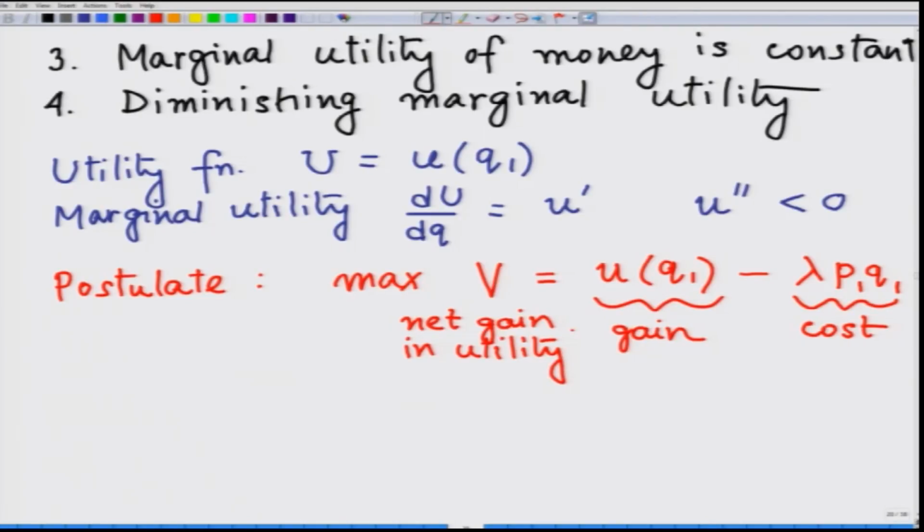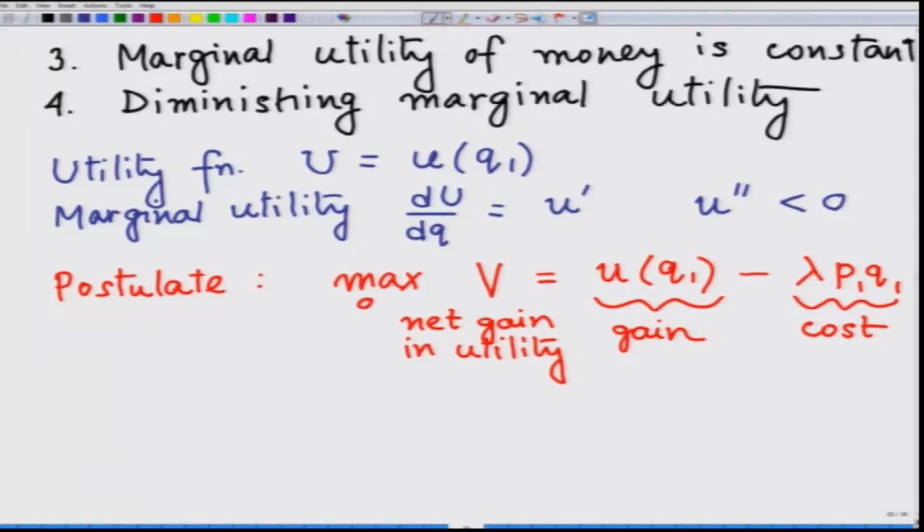In a model, we also should have some decision variables or control variables. In this case, as you can see, P, the market price, is given, and lambda, the marginal utility of money, is constant. So, which is left? The only variable left is basically Q1. So, the units of consumption of commodity 1 will be the decision variable in this model. We need to maximize this with respect to Q1. If we are maximizing or minimizing, we know we have to find the first order condition and the second order condition using differential calculus.